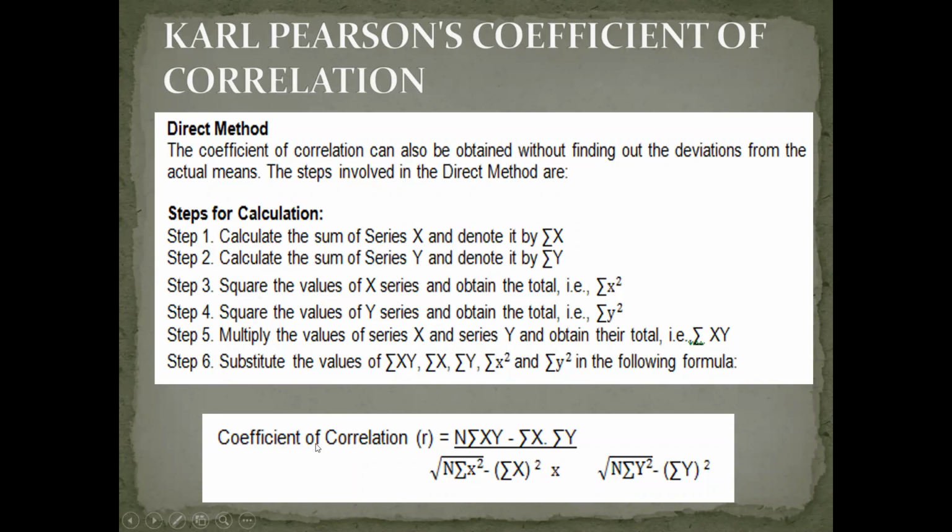The formula for calculating the coefficient of correlation by the direct method is given by n, where n is the number of paired observations, into summation XY minus summation X into summation Y, upon under root of n into summation X square minus summation X whole square, into under root of n into summation Y square minus summation Y whole square.